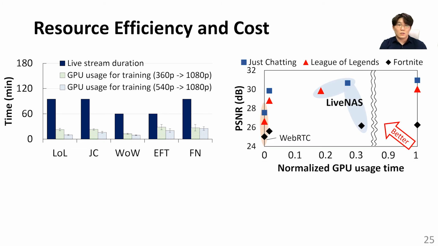First baseline is the one-time customization, which trains the DNN upfront on the first few seconds of the stream and never resumes even when the scene or content changes. Second baseline is continuous online training, which trains the DNN continuously without any suspension. The training time is identical to the stream length.